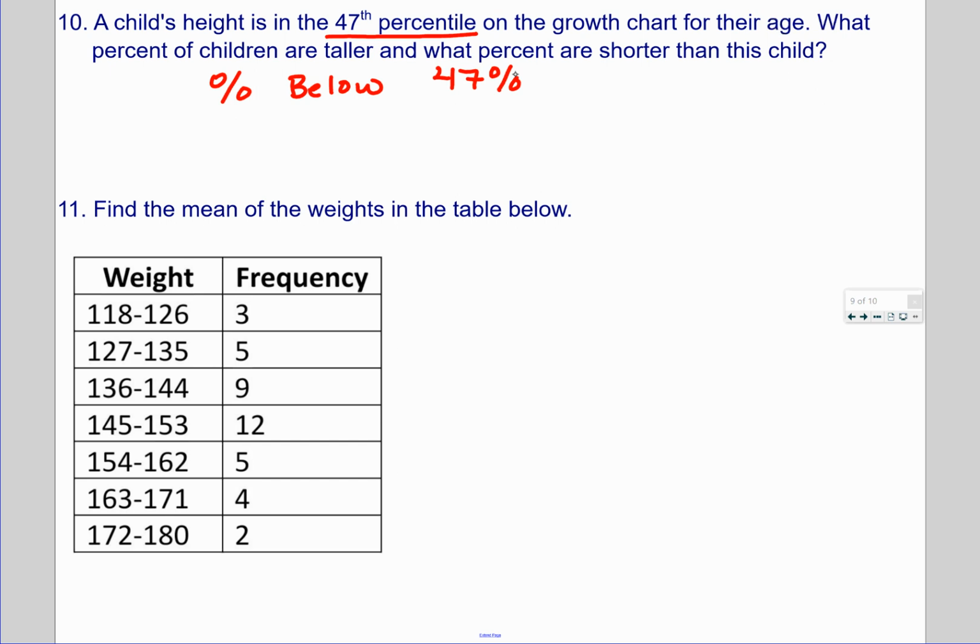So what percent is above them? It's going to be 52%, again because they're number 48 of 100, if you want to think of it that way.